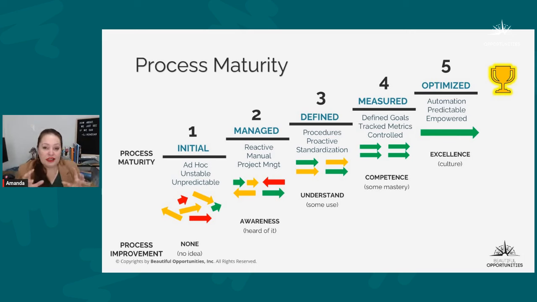Now they're starting to identify specific projects that they want to work on improving, but they're still in a very reactive mode. And then we move on to this place of definition, of defining more of our processes, of documenting more of our processes, of getting an idea of those standards that we have as an organization and making sure that we have those procedures in place.